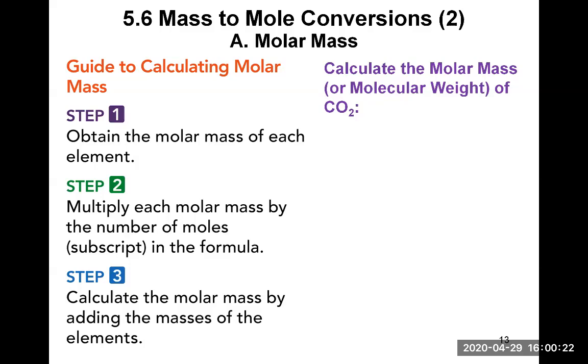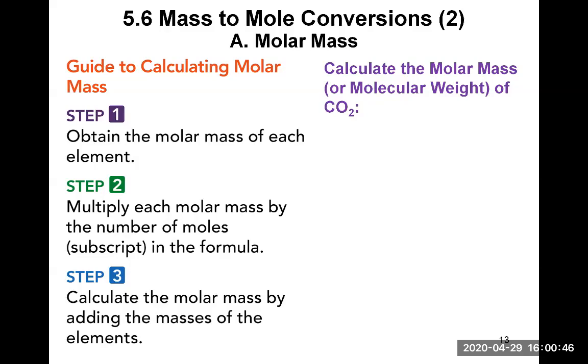And we will calculate the molar mass of CO2, carbon dioxide, as an example. Notice how it is also sometimes called molecular weight, because CO2 is a molecule, and so you can also call it a molecular weight. I prefer molar mass, and I will always use molar mass.